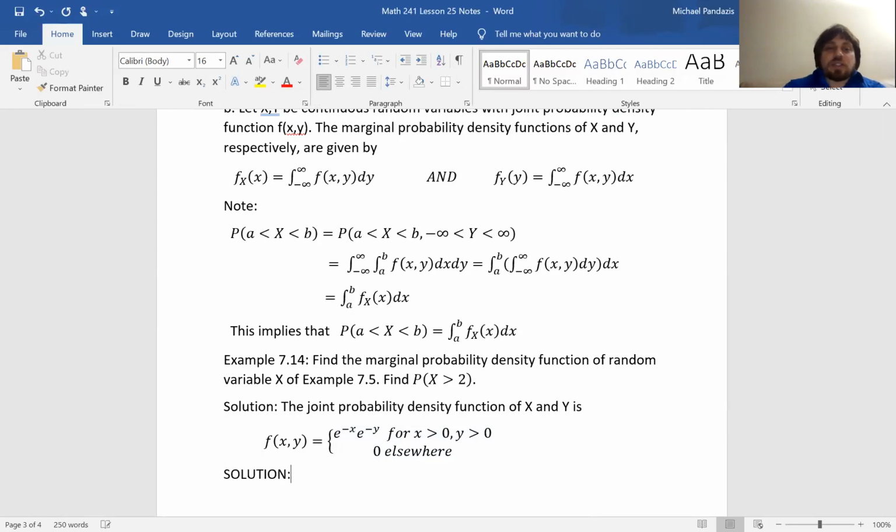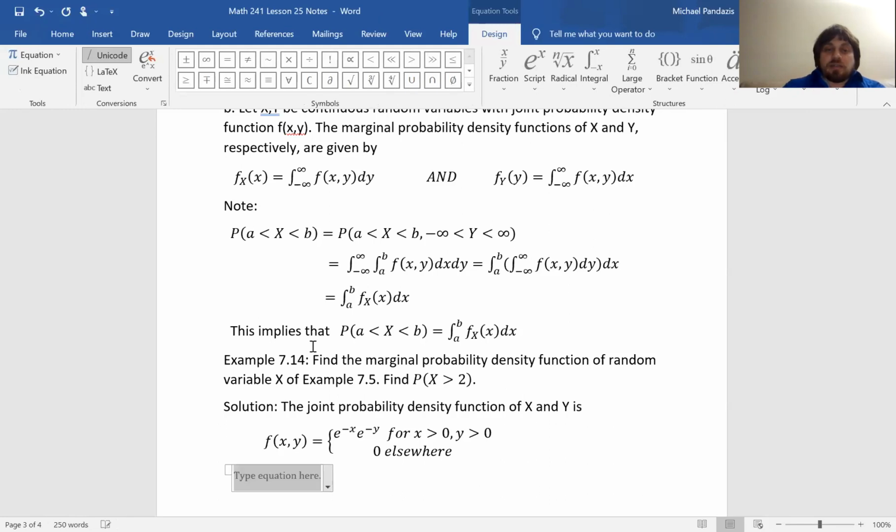Okay, so the solution. So that means that f sub x of x is equal to the integral from negative infinity to infinity of f of x comma y dy. And so that's equal to the following.